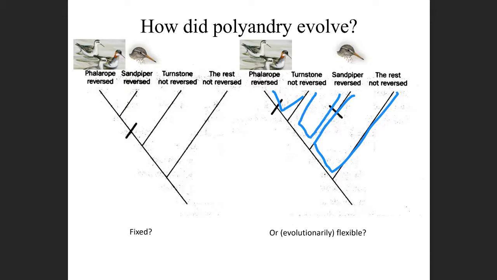Then that would suggest that it's a flexible trait. Either it can evolve multiple times, or it can evolve and be lost, right? But it's not a hard to evolve trait.